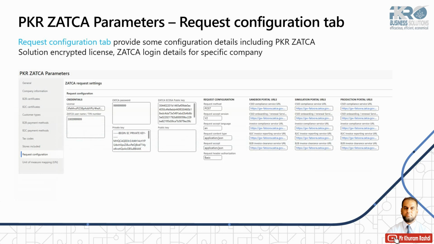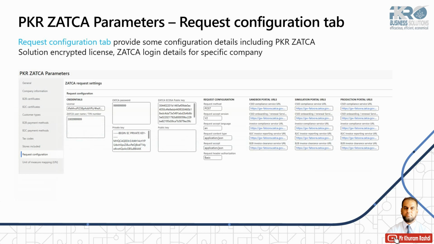Okay, the next is a little bit technical, but it needs to be mentioned here: the request configuration tab will present the license which my solution will be issued, and that license is based on a yearly mode as well as a lifetime mode. That license, being encrypted, will be provided, and until this license is available, only then will the system work.